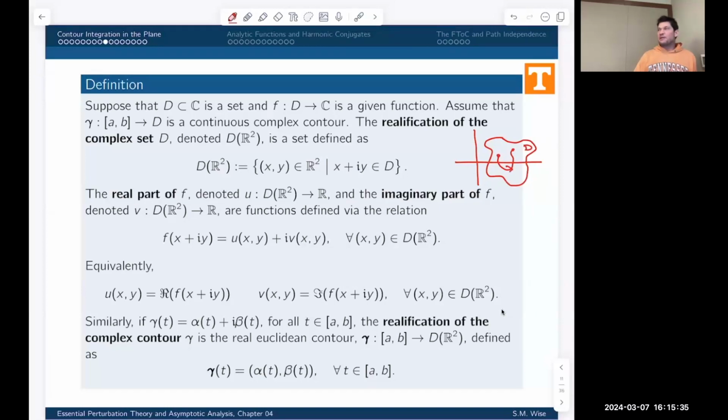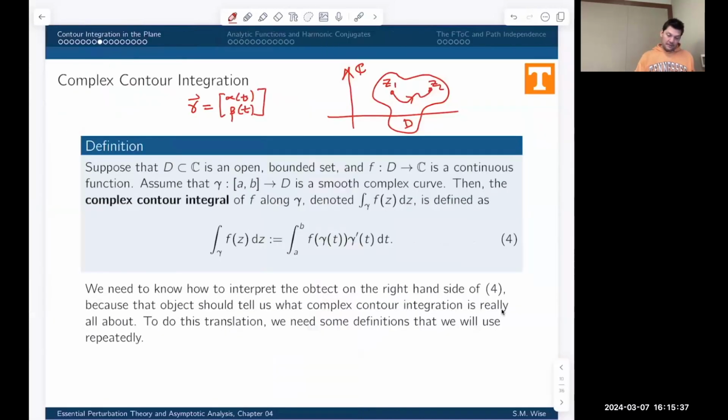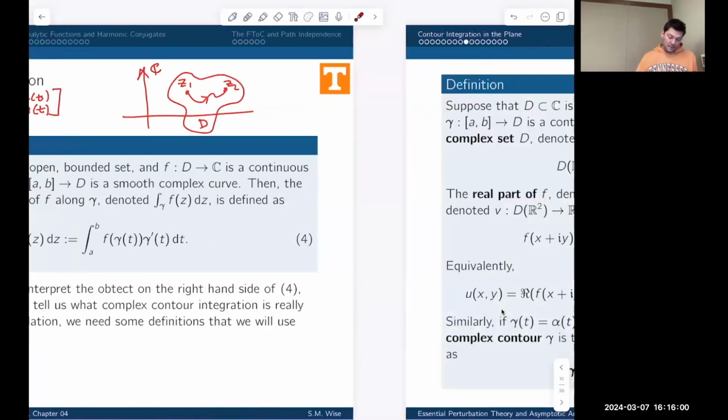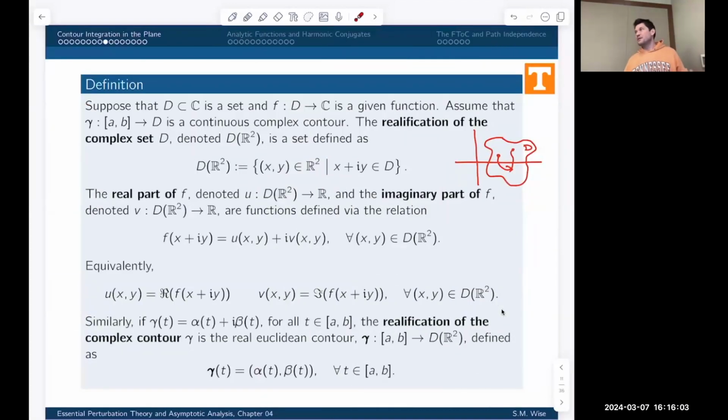Usually we do not put a bold on the gamma when it's mapping into the complex plane, but we did make it a vector when we mapped into R2. In some sense, there's no difference between a map from a, b into the complex numbers and a vector which maps into R2, but we're going to make a distinction between those two so that we don't get lost in translation.